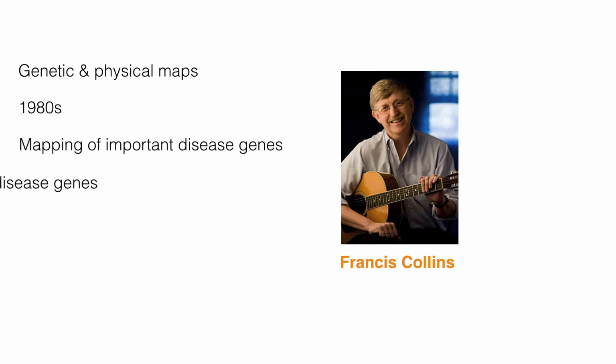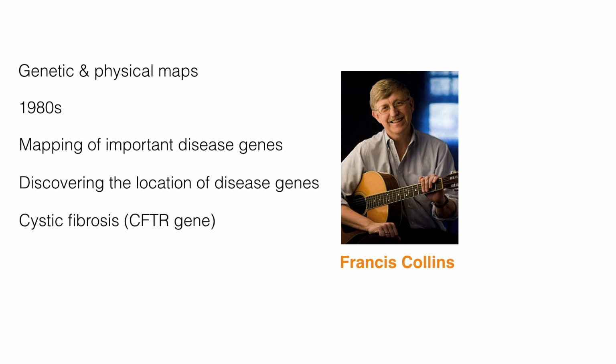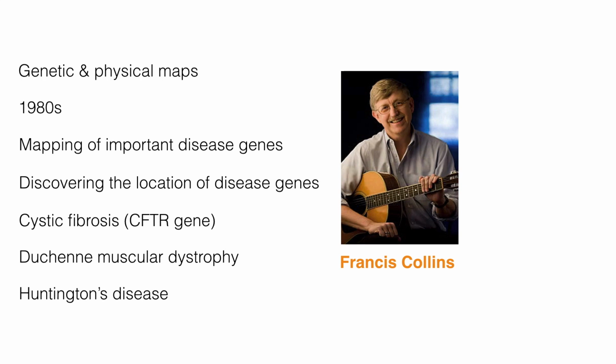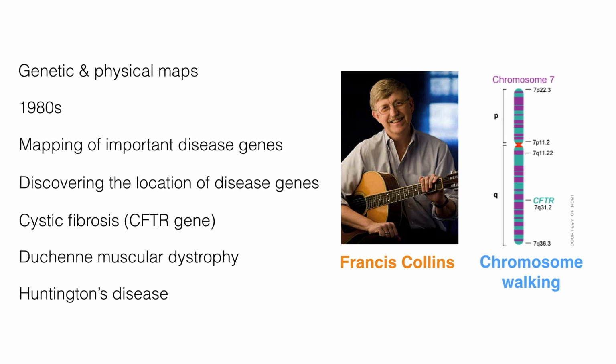He and his team discovered the locations of 3 important disease genes responsible for cystic fibrosis, CFTR gene shown on chromosome 7, Duchenne muscular dystrophy, and Huntington disease. The technique he used at the time was called chromosome walking. With time, it has become the basis of the first large genome projects, and Dr. Francis Collins became the leader of human genome projects led by the National Institutes of Health.